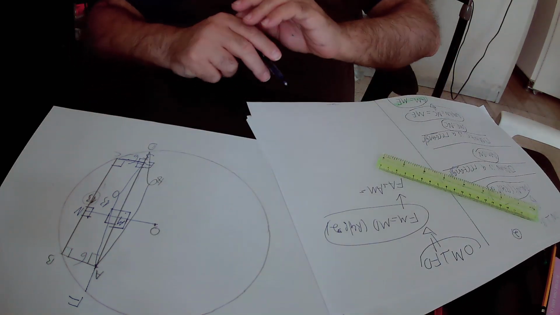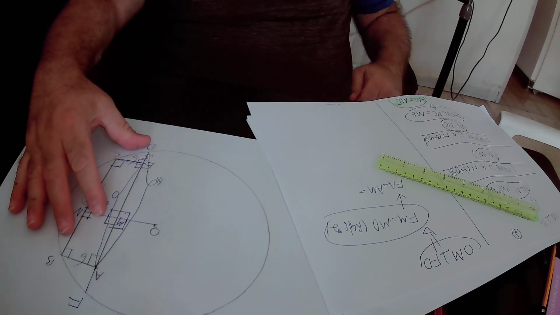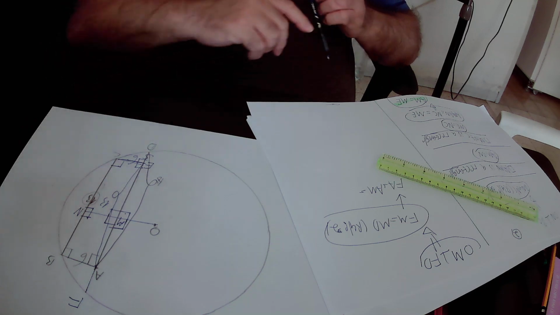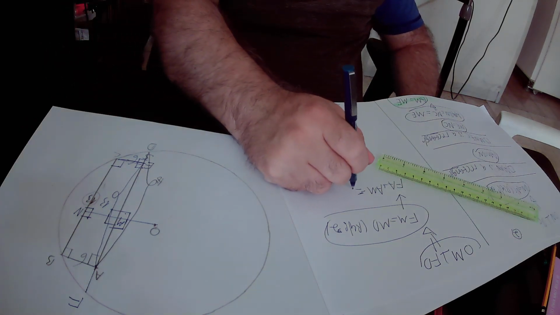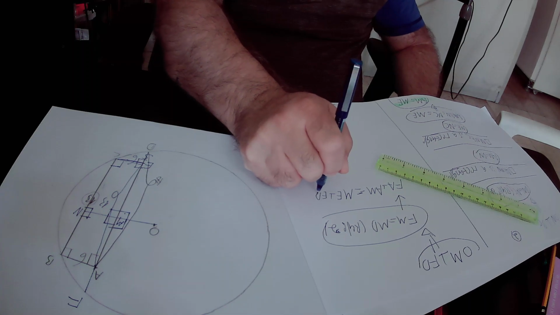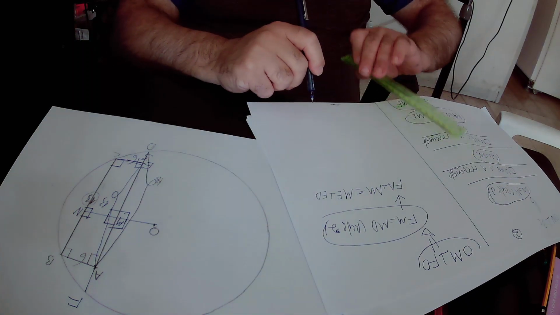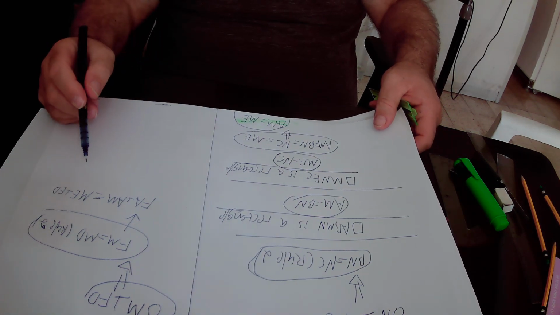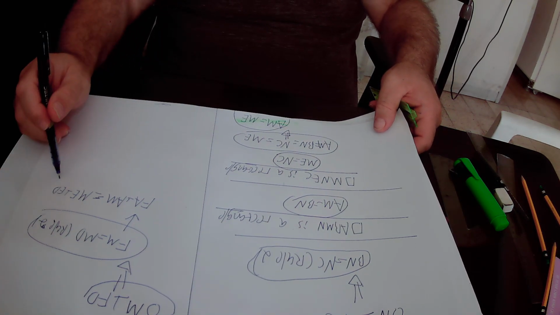What is the value of MD? It is very easy to see from the drawing that MD equals ME plus ED. So in conclusion, I found out that FA plus AM equals ME plus ED.